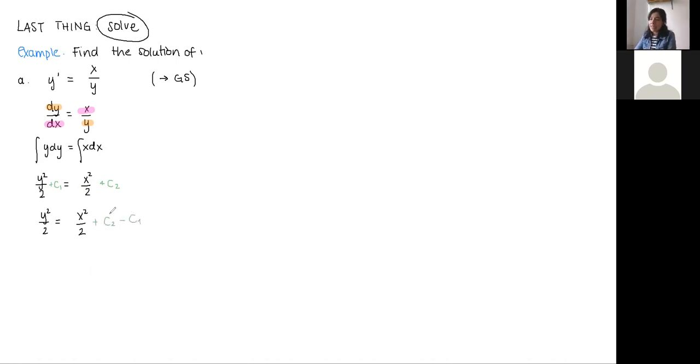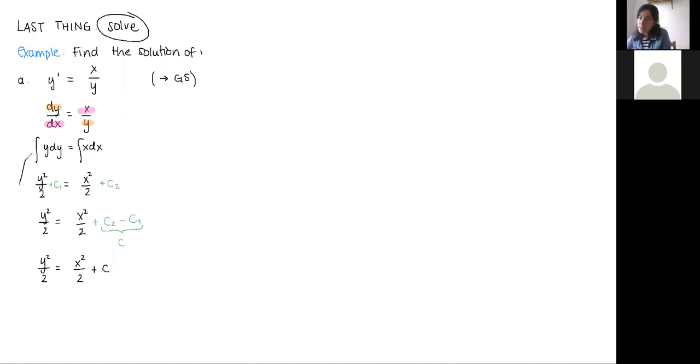And then because c2 can take any value that we want, it's an arbitrary constant, and c1 can take any value that we want, it's also an arbitrary constant. That means that c2 minus c1 is going to be an arbitrary constant itself. It's going to be any possible value that we want. Right? So what we end up with is that y squared over 2 is equal to x squared over 2 plus c. Okay.